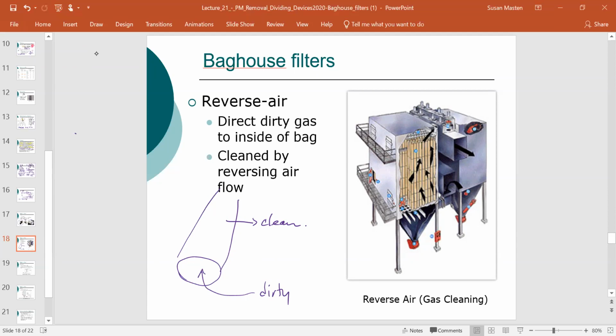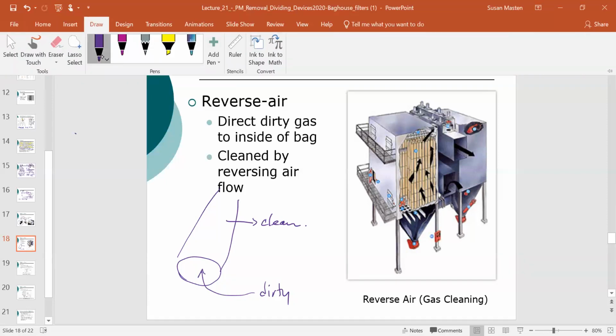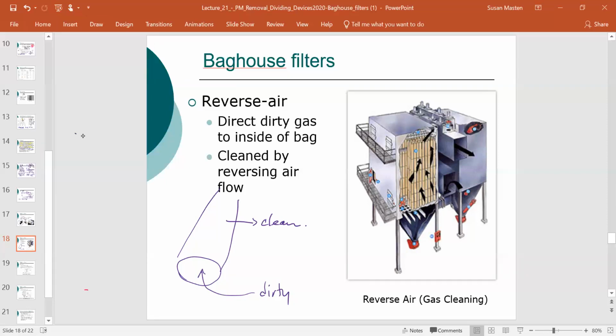And then when we want to clean these filters, we typically take them offline. So we stop the flow, and then air is reversed. So during the cleaning mechanism, switch colors. So during the cleaning, now we have clean air here.